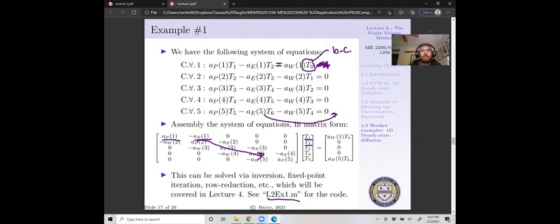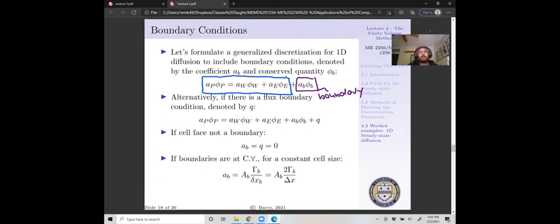Now, what we want to talk about is this boundary. So AB phi, if this is our conserved quantity, phi, this is great for a Dirichlet boundary condition. If we're looking at control volume 1 from example 1, we would set A west phi west to 0 and then populate AB phi.